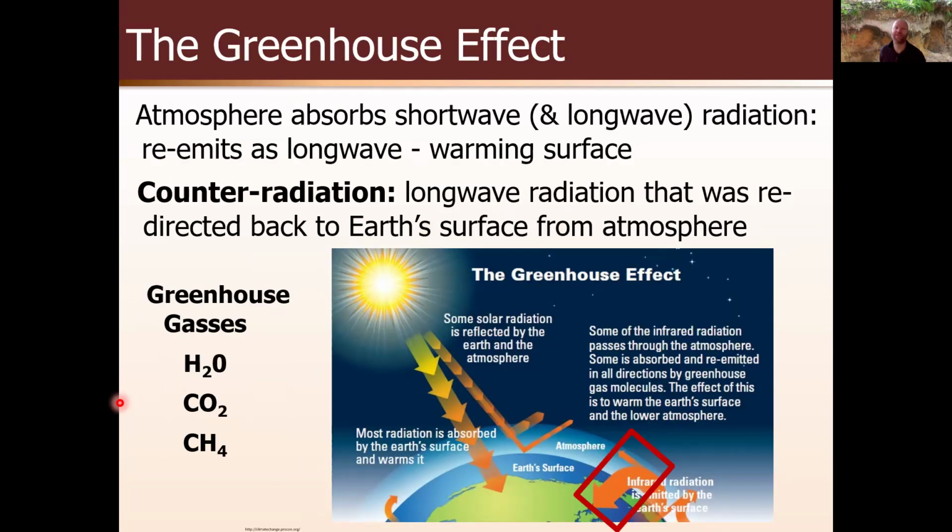So the greenhouse effect: the atmosphere absorbs shortwave radiation and it re-emits that stored energy as long-wave radiation. That long-wave radiation then can be reabsorbed by another greenhouse gas or by a particulate, and then re-emitted and again and again. It's literally storing, emitting, storing, emitting.